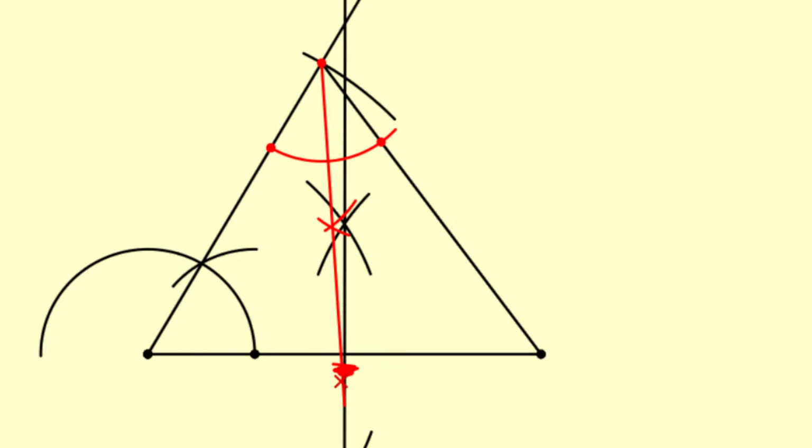Are you getting this point as a point of intersection? Where both the lines are intersecting, that point you have to name as P. Okay, so name that point as P.